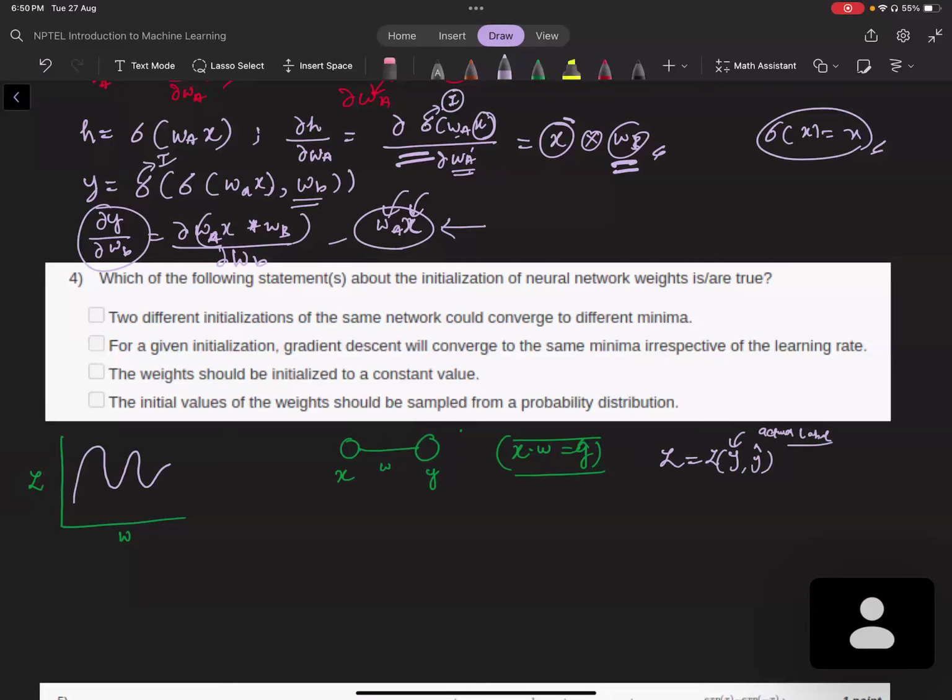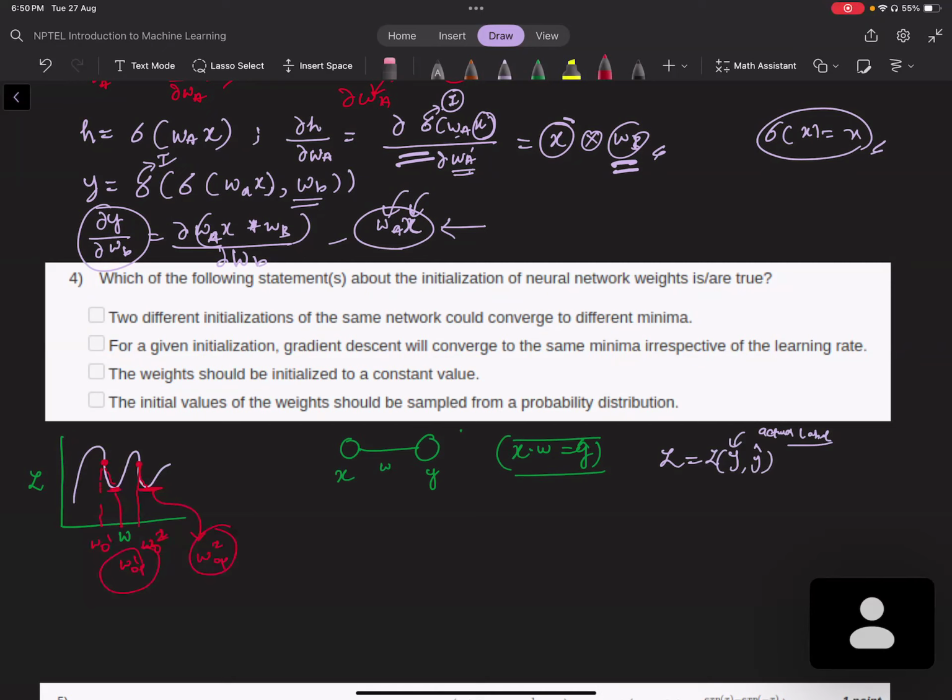Let's say one time you initialize your network here, at W01, and second time here, at W02. If you initialize it this way, this will converge to here, your W optimal 1, and this will converge to here, your W optimal 2.